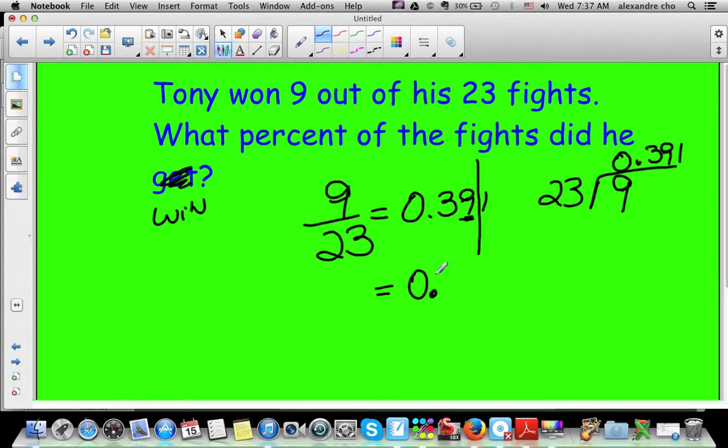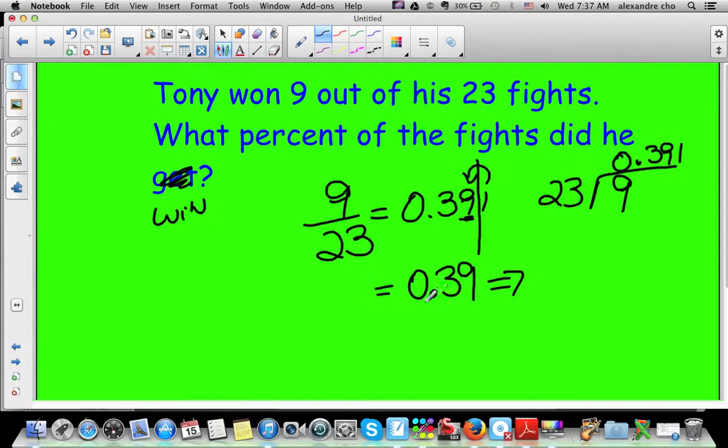So before you stop at the 9, you have to ask yourself, is that 9 going to change? Well, you look at the next number, which is a 1. Is the 1 going to influence the 9 in any way? So 4 or less, let it rest. So in this case, the 9 stays at 9. So 9 out of 23 fights means as a decimal 0.39, which we now, and I forgot, this is the part that I forgot, is change this to a percent.